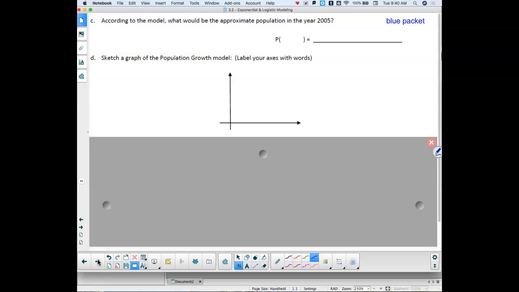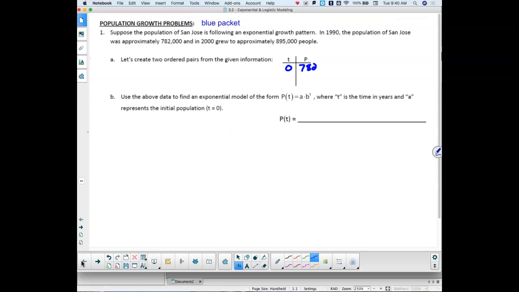People in thousands, or population in thousands, is going to be that label on that graph. Which is nice because then our numbers are a little smaller, more easy to deal with. Okay, love it.